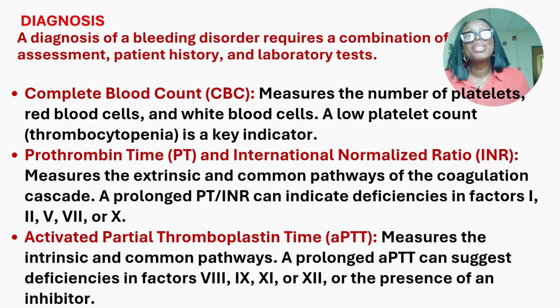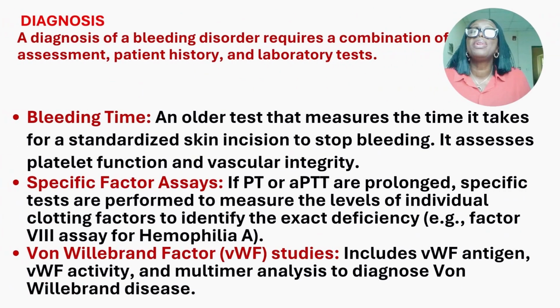This one tells you about the intrinsic and also common pathway, and a prolonged aPTT can suggest deficiencies in factors 8, 9, 11, and 12, and also the presence of an inhibitor. We also have the bleeding time test, and the platelet function analyzer too. It helps us to assess platelet function and vascular integrity.